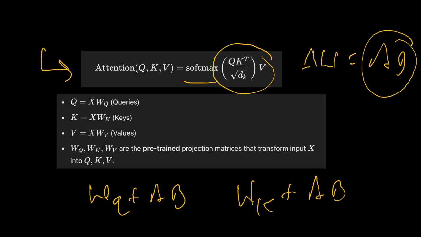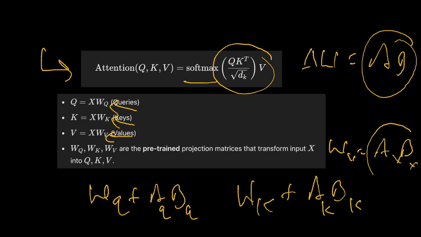For example, let's represent this A and B by AQ and BQ, and this by AK and BK. Similarly for WV, it will be AV and BV. Now this multiplication eventually will result in delta W, delta V.